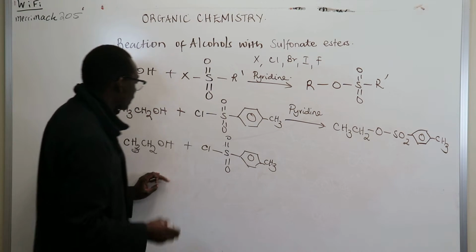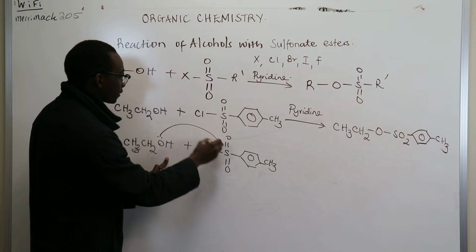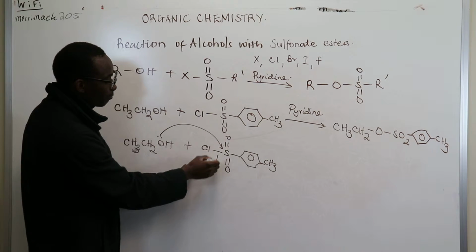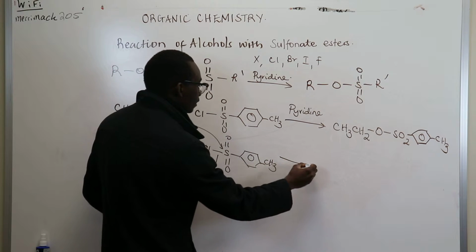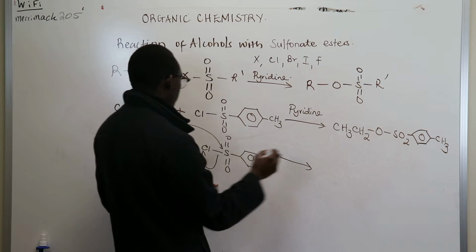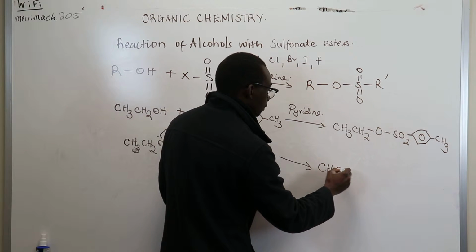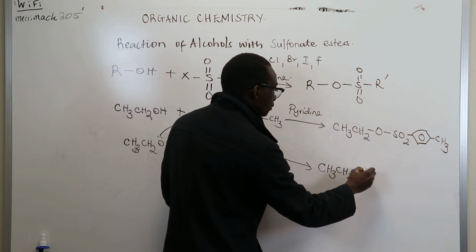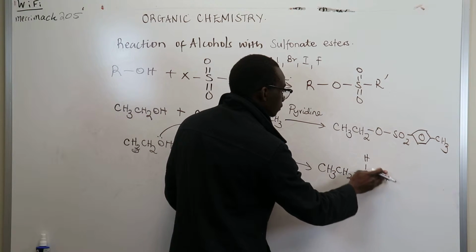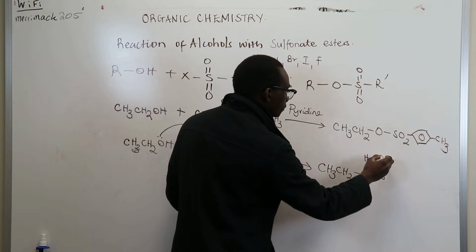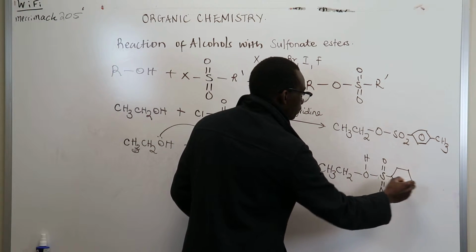So what is going to happen is that the lone pair of electrons from the oxygen will attack the sulfur, and this chlorine bond will break off, hence forming a chloride ion, and our resultant will be a CH3CH2OH attached to the sulfur.